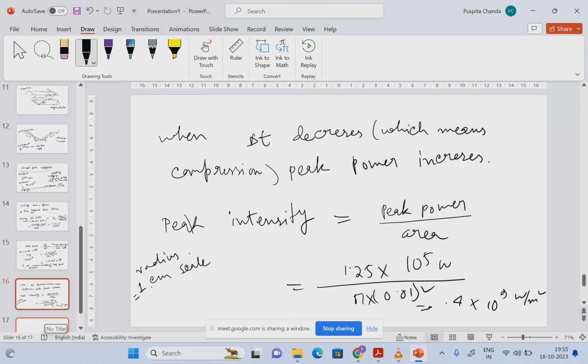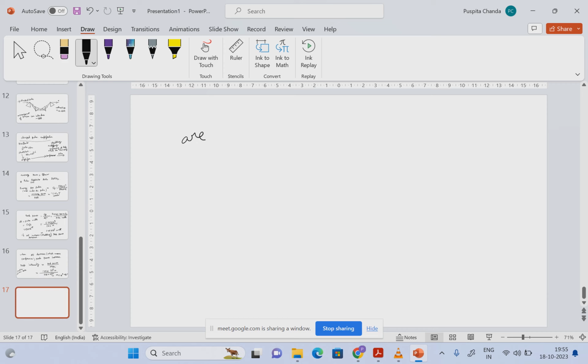Here also the area matters, with increased peak power.